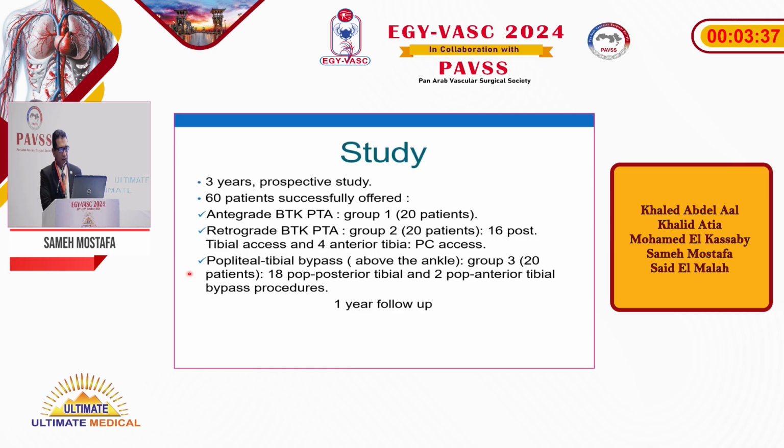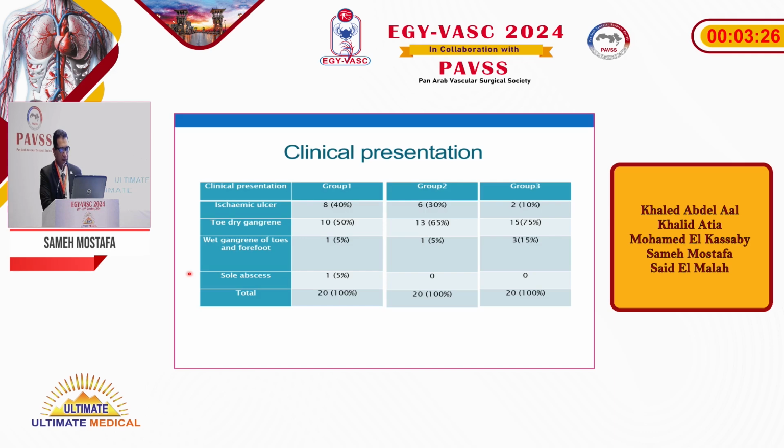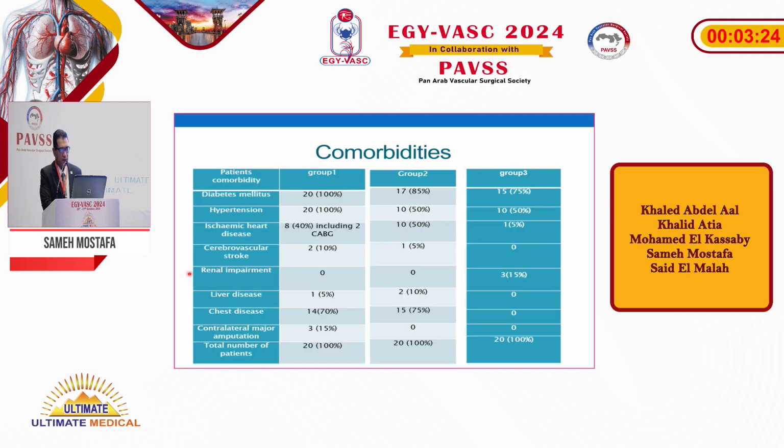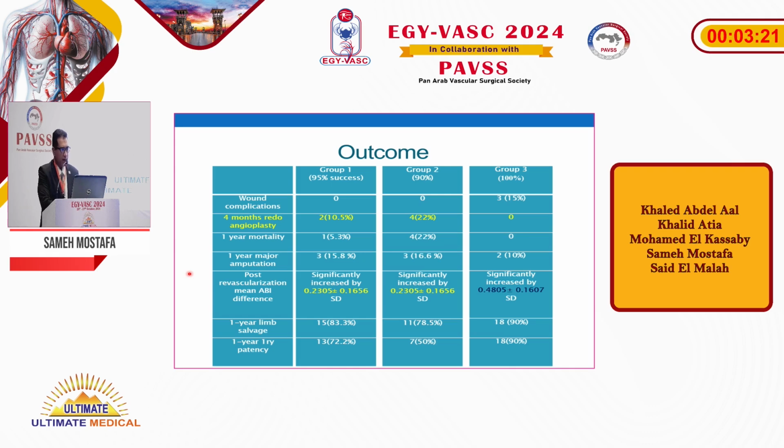In Alexandria University, we conducted a study over 60 patients: 20 with antegrade PTA, 20 with retrograde PTA, and 20 patients with popliteal tibial bypass. This is the clinical presentation. These are the comorbidities, and coming to the outcome, we had limb complications in the surgery group, more redo angioplasty, more 1-year mortality, and more 1-year major amputation in the angioplasty group.